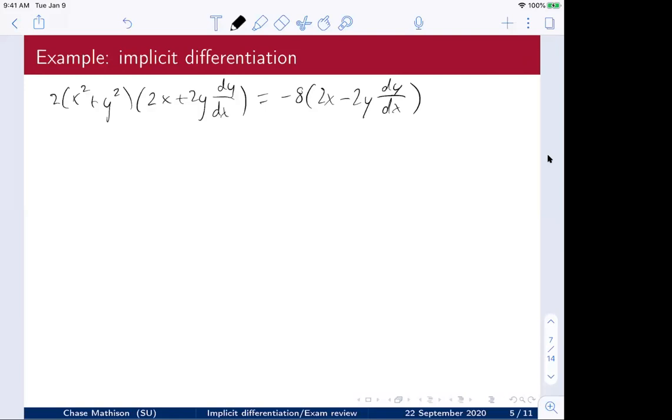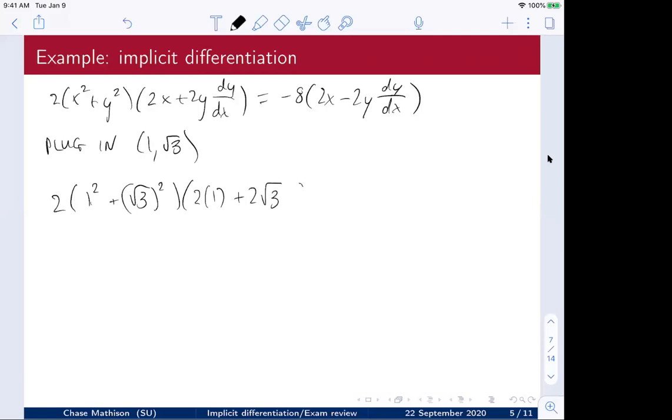So I'm plugging in the point 1, square root of 3. All right, so when I do that, I'm going to get 2 times 1 squared plus the square root of 3 squared times 2 times 1 plus 2 times the square root of 3 dy dx.